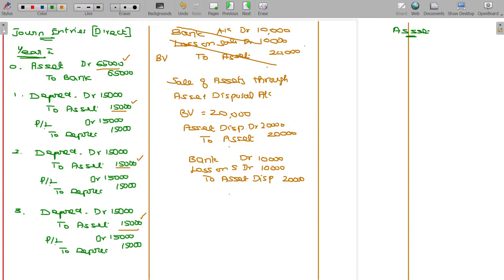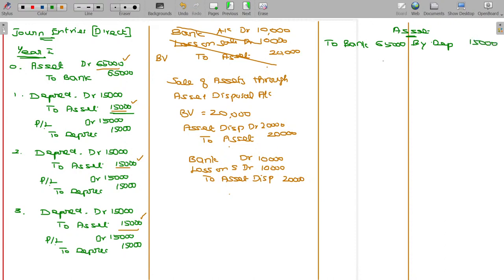In the first year, asset to bank. So I am opening the asset account here, the value being 65,000. At first year end, we reduce the asset due to usage, the depreciation. So by depreciation 15,000.